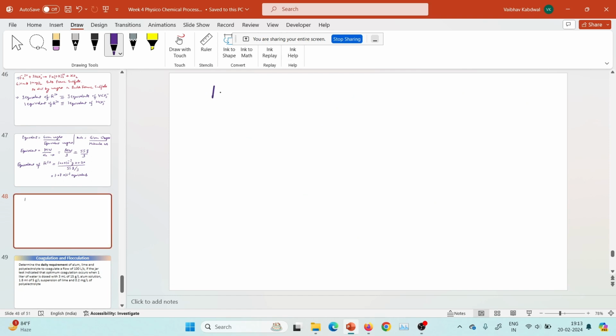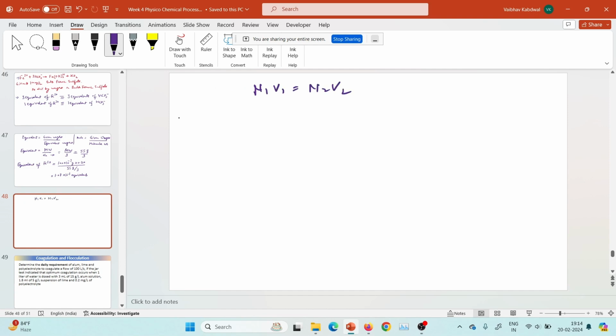As we know, one equivalent will react with, we'll write it like this. What does the equivalent concept say? N1 V1 equals N2 V2.